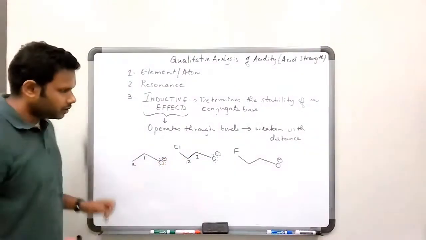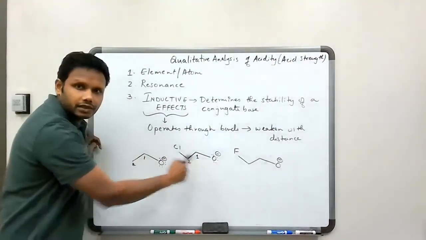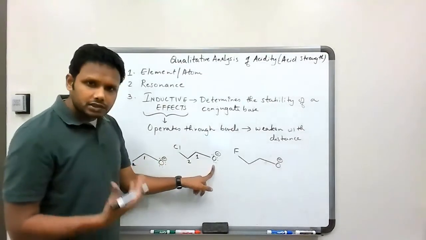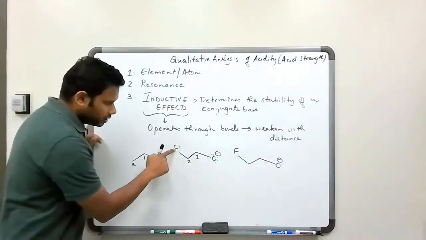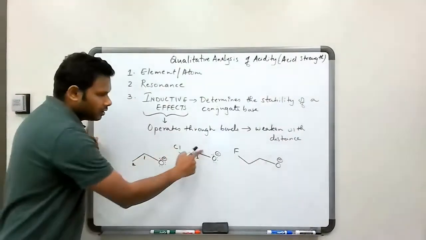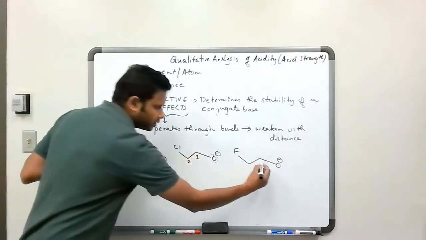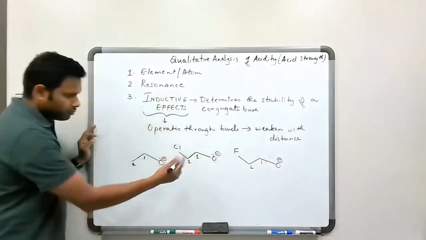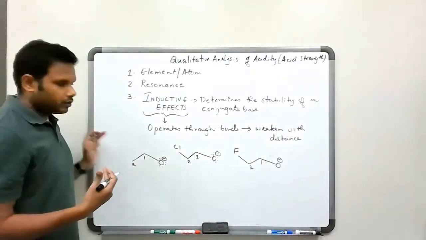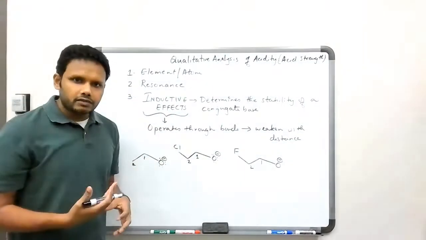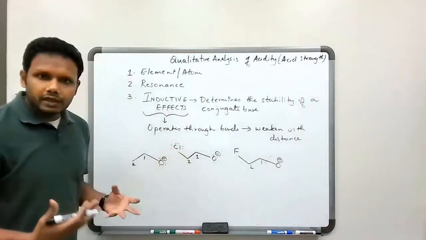So we have a similar situation to the first one, where the oxygen has a negative charge. Now, additionally, we have chlorine in the chain, at the second carbon. Chlorine, as we know, is also an electronegative element. It would withdraw electron density.